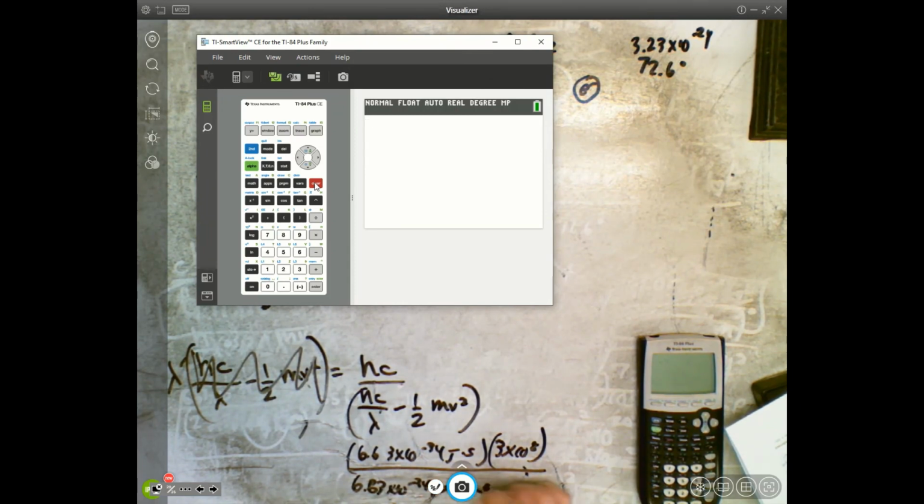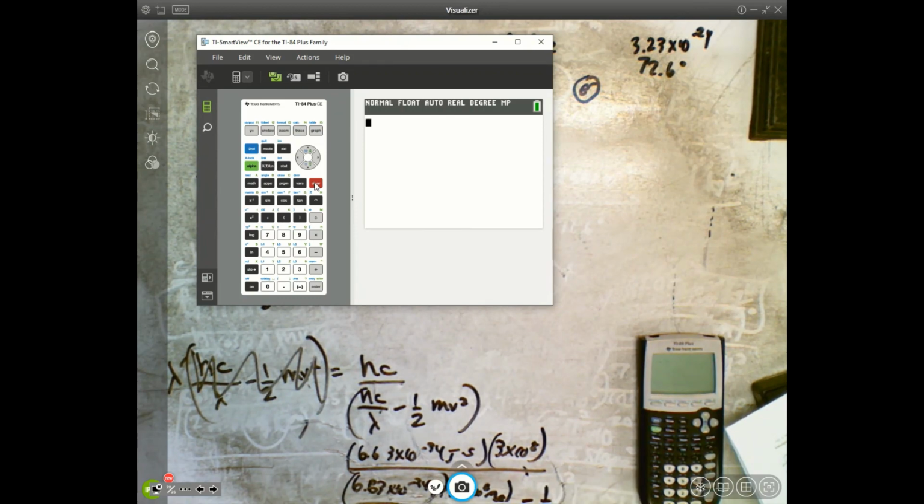They don't cancel out because of order of operations, so don't cancel them out, because it's hc divided by that initial wavelength, 2.035 times 10 to the negative 10. You'll see me type it in my calculator. Sorry, I was not good with my spacing.